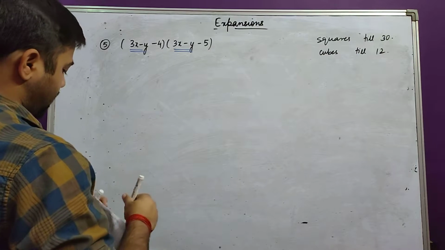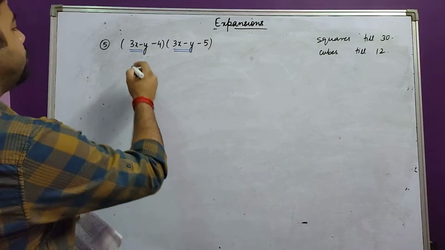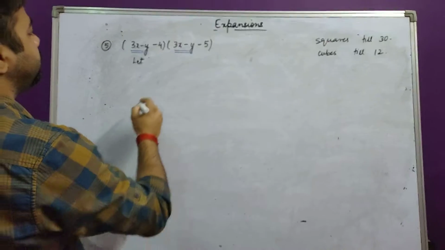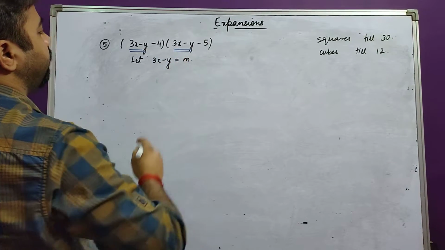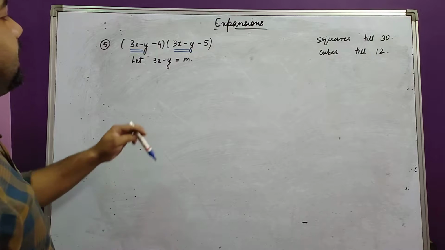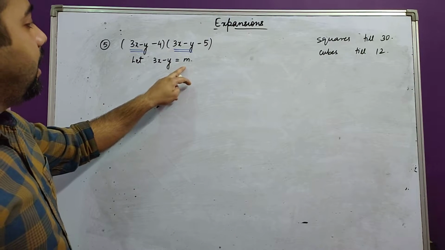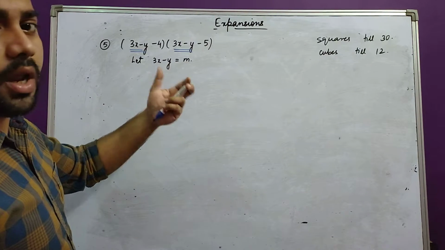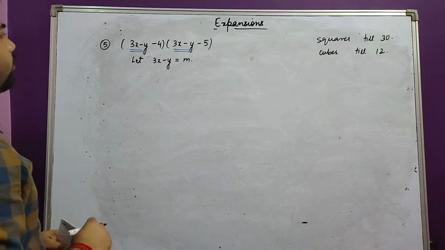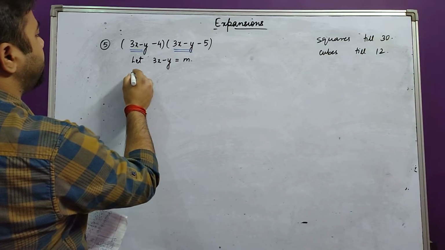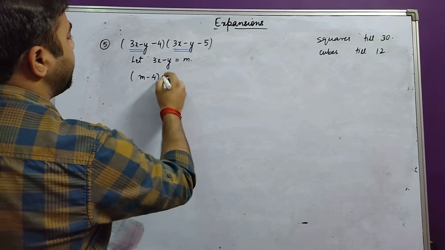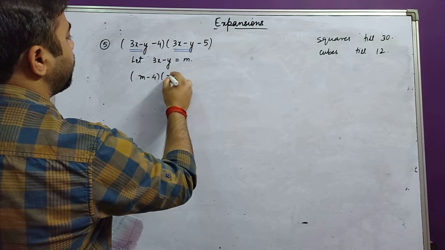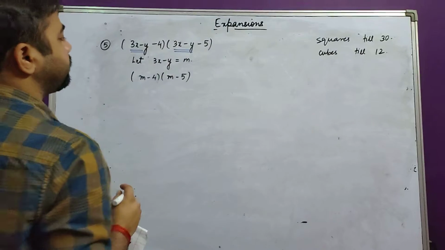What we are going to do, we are going to assume 3x minus y equal to any variable. That is, I have assumed it as m. You can assume it as a or any alphabet. What it comes out to be now, it's m minus 4 within the bracket. In the second bracket we have it over here, m minus 5.